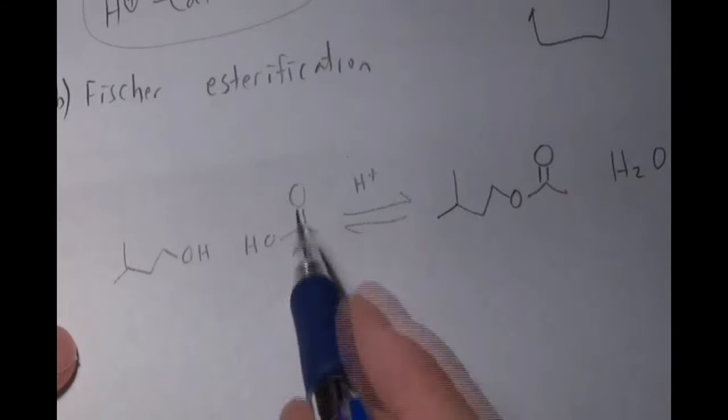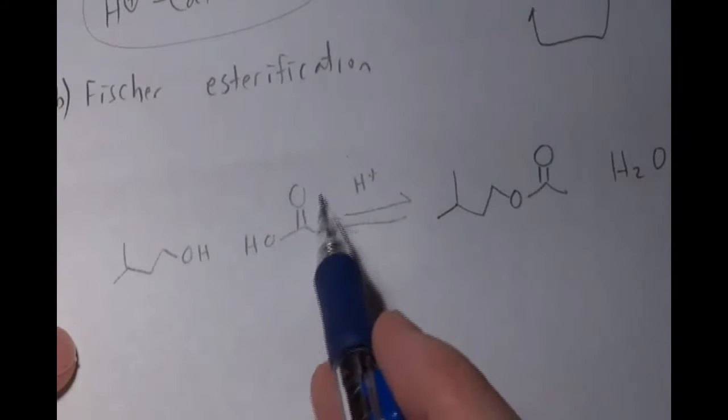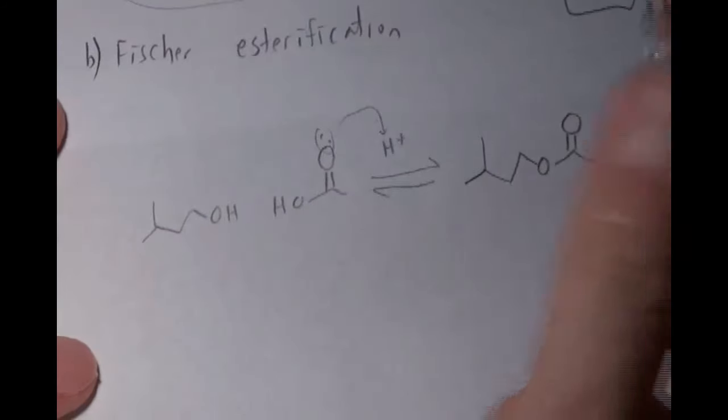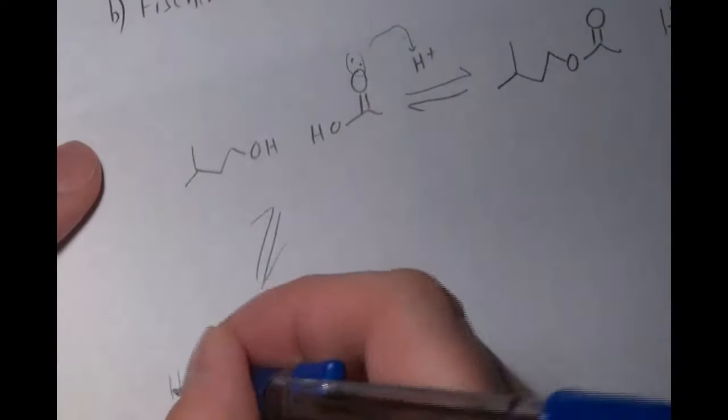But what do you think the first step is? We already mentioned that with acid catalyzed reactions, C double bond O, maybe the oxygen grabs the proton, and that's what happens. Protonate the carboxylic acid. I'm going to draw it over here. And what is the next step? You make an RSCC.